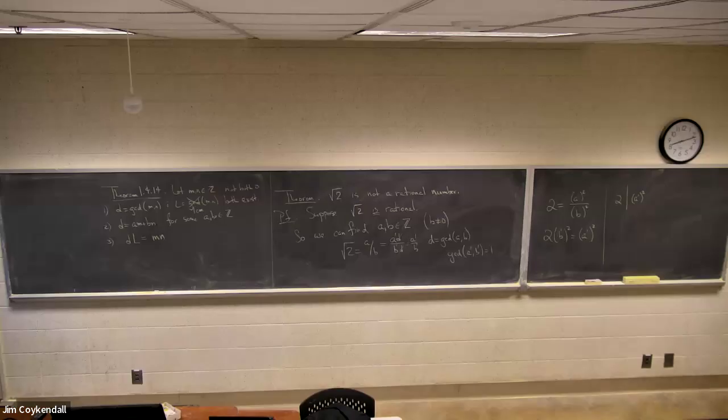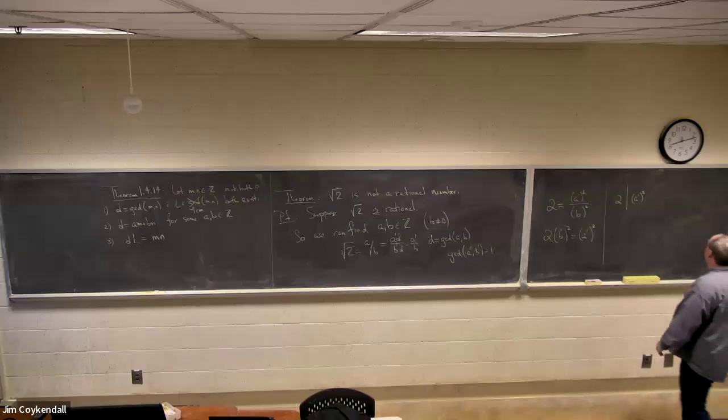Right, but you're talking about rational numbers now, so you gotta be a little careful when you talk about division. What kind of special properties does 2 have? What distinguishes it among the integers? That's right, it's prime, it's irreducible.